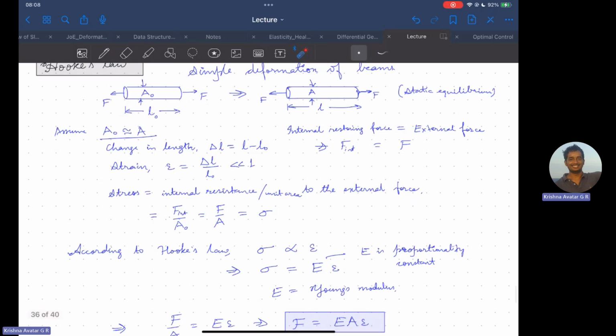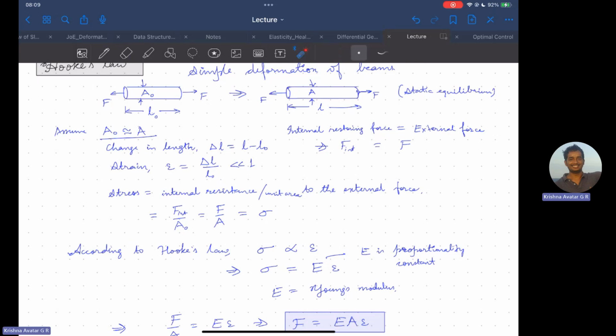Then we compute something called strain. Strain gives us a measure of the proportion of deformation, in this case the proportion of extension, which is delta L by L naught. We consider the extension to be much less than one, so the ratio is much less than one.